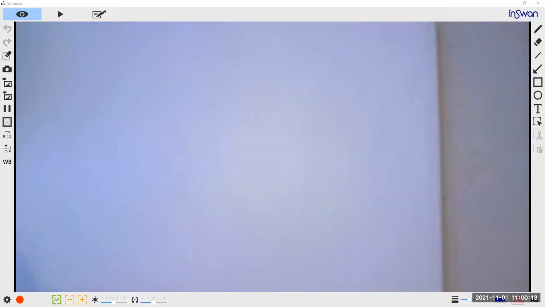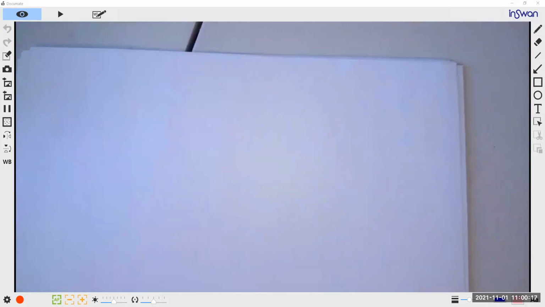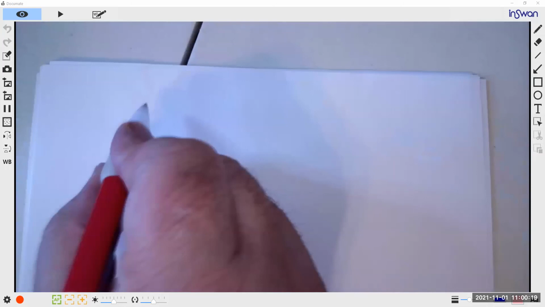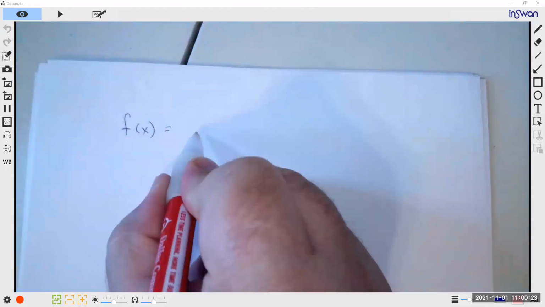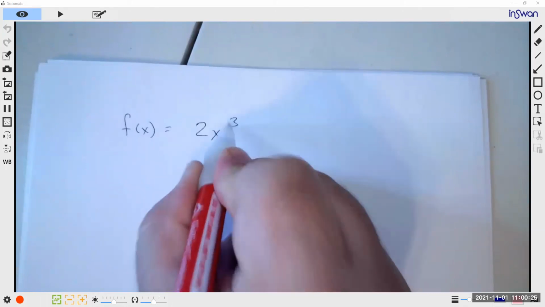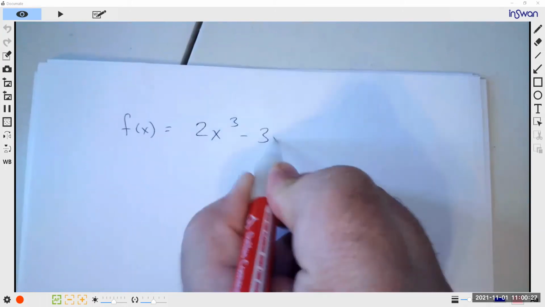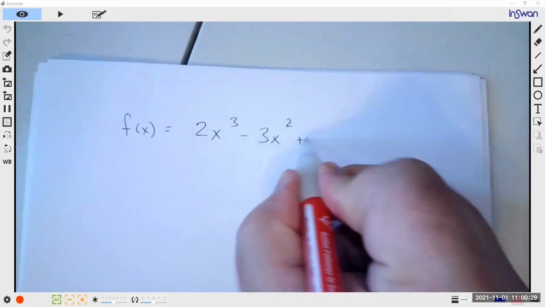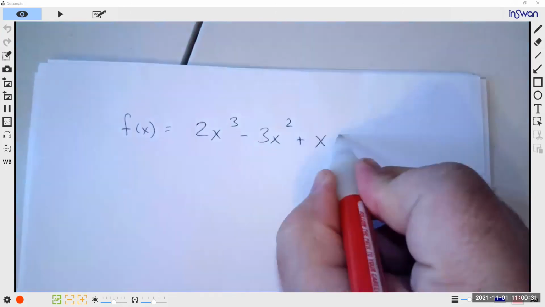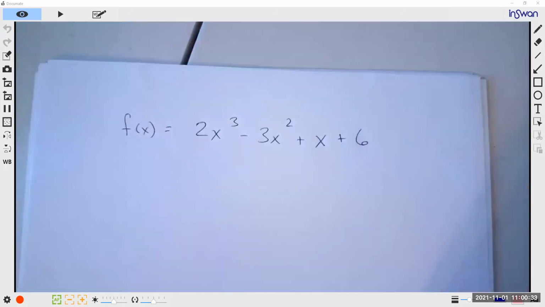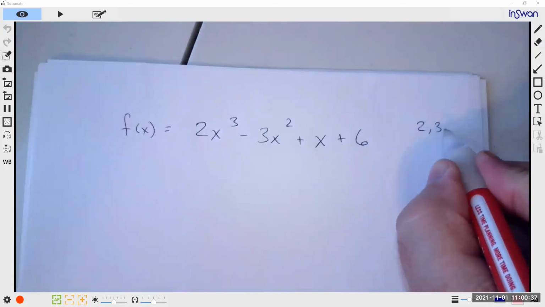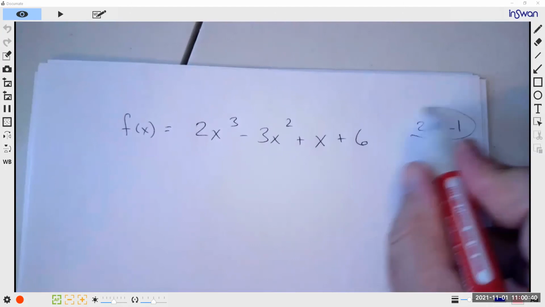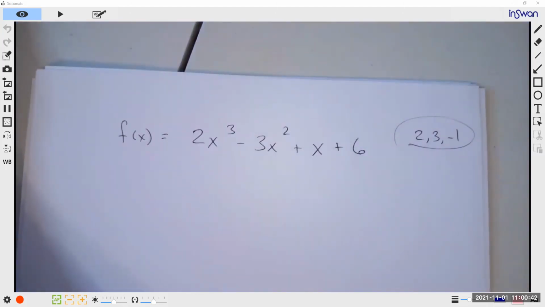Okay, then I'm going to ask you a few questions. 2 questions here. Here's a polynomial. 2x cubed minus 3x squared plus x plus 6. Tell me which one of these are zeros.